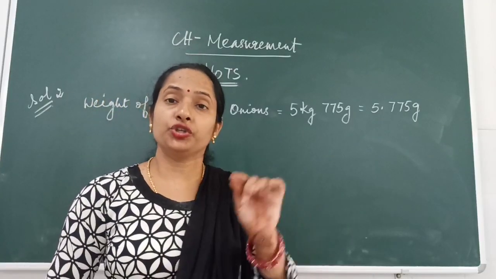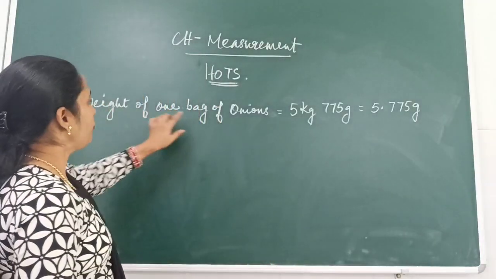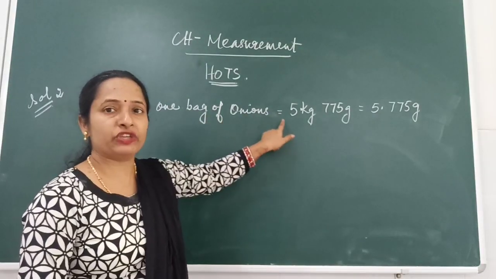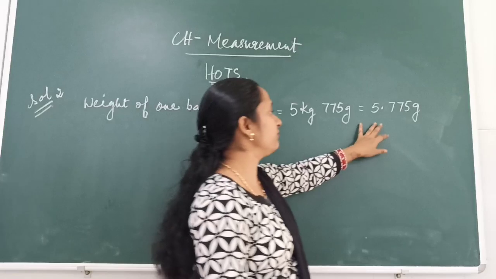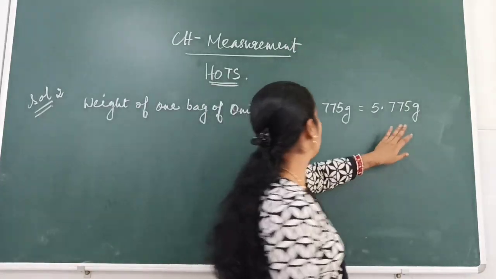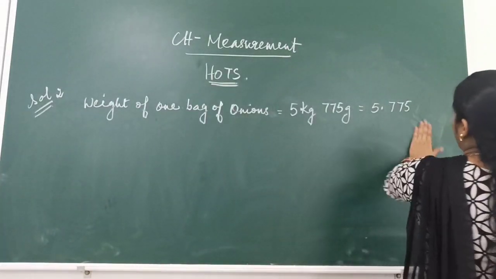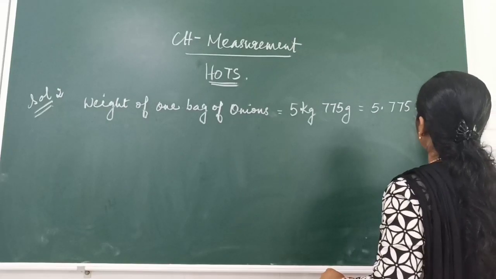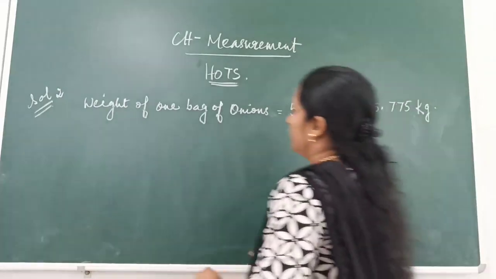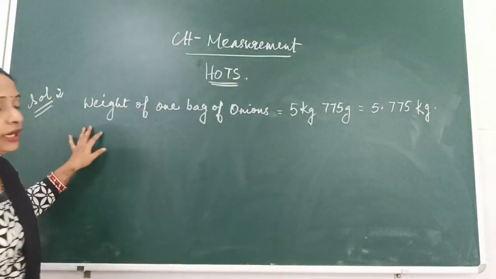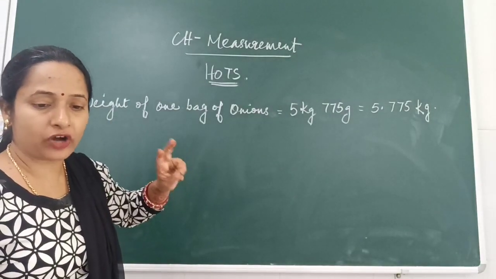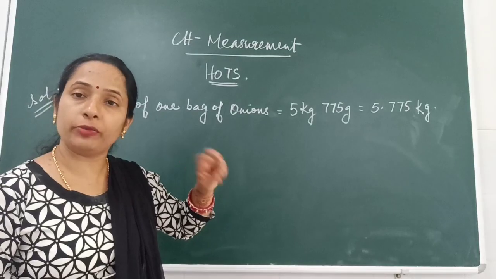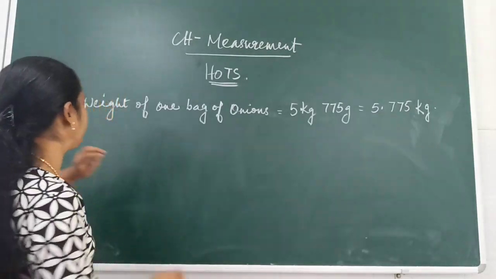So children, you are given the weight of 1 bag of onions, which is equal to 5 kilograms 775 grams, which in terms of decimals you will write as 5.775 kilograms. Now, how many bags of onions did Radhe buy? He bought 2 bags of onions.